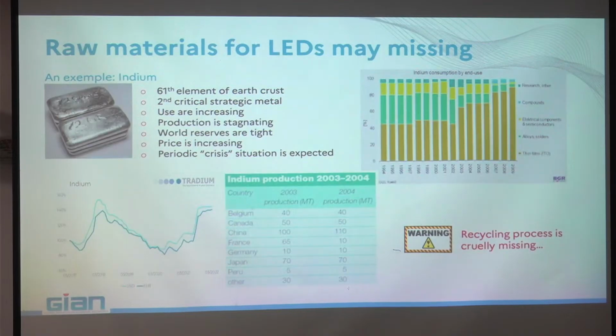The last but not the least, LEDs use rare earths. Indium, cerium, europium, and even gold and silver. And in that case, the problem is that our resources are not extensive.